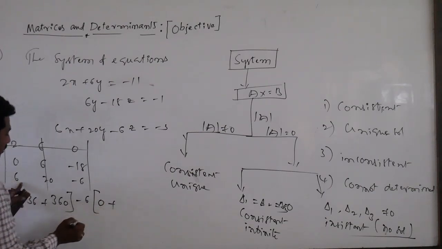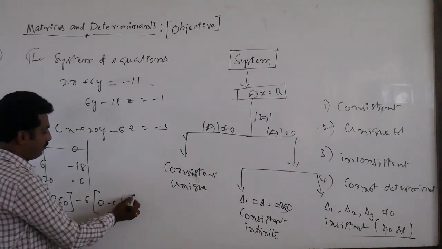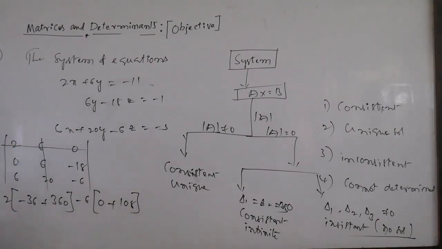Minus of minus plus, this is 108. So 2 into 324 is 648. This is also 648, so 648 cancels. This is delta equal to 0.